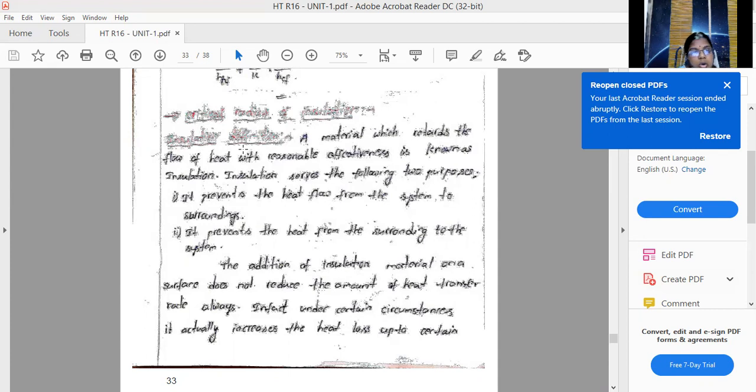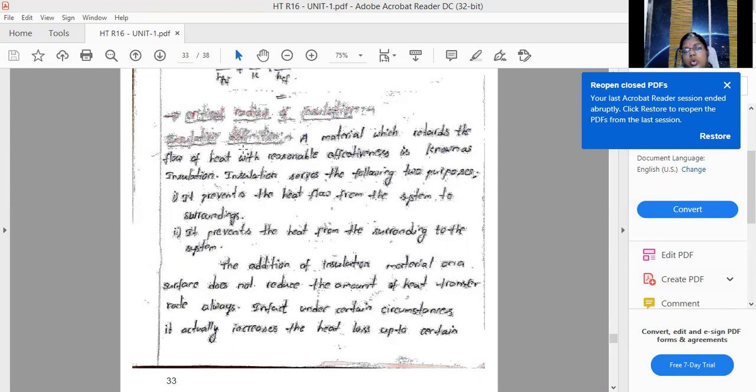A material which retards the flow of heat with reasonable effectiveness is known as insulation. Insulation serves the following two purposes. It prevents the heat flow from system to surroundings and prevents the heat flow from surroundings to system.